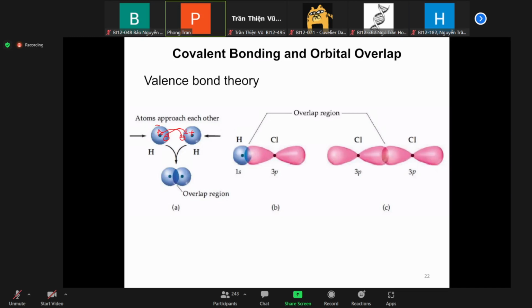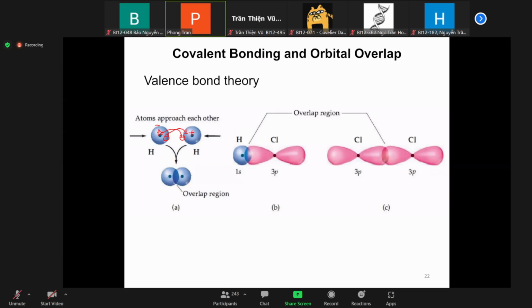And also the interaction between the two nuclei, both positively charged, is repulsive. So the two atoms get close to the point where they maximize the attractive force and minimize the repulsive force. They will reach an equilibrium between the attractive and repulsive forces. At that equilibrium, the overlap of the two orbitals reaches the maximum, and you create the chemical bond.